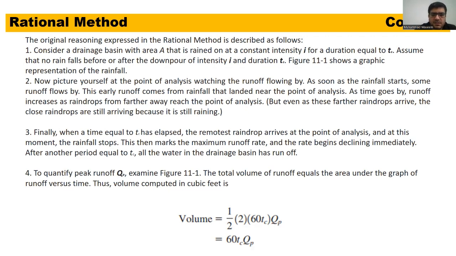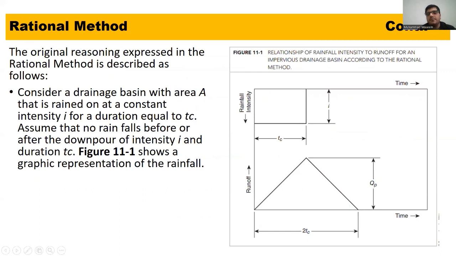So this is basically the diagram. Here we are multiplying the area with the peak discharge, so that will be equal to the volume. And why it is equal to the volume, we have already discussed in the last lecture.